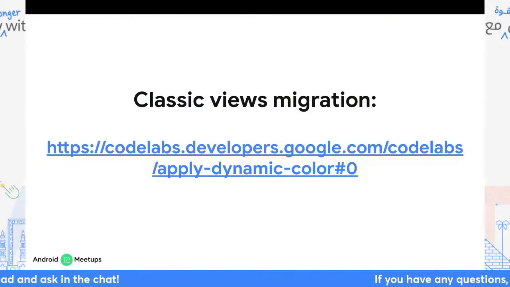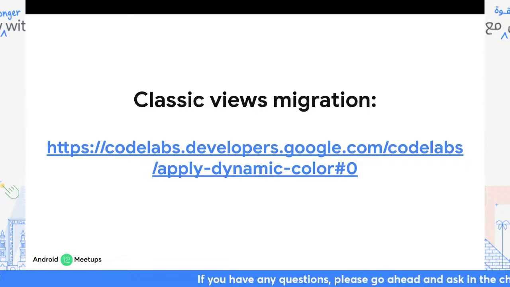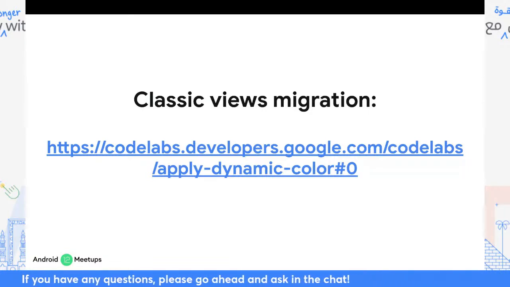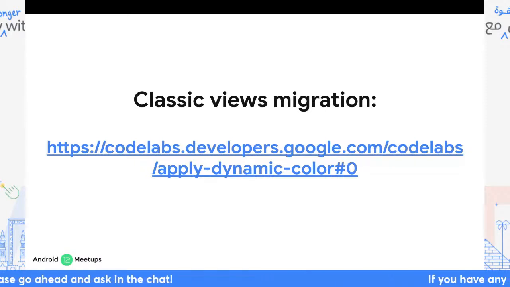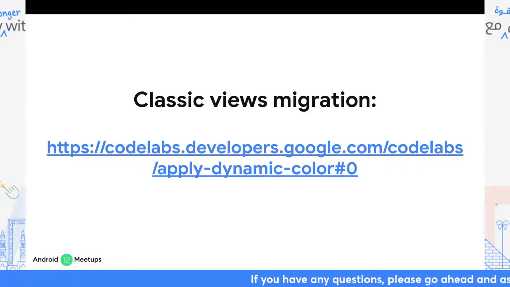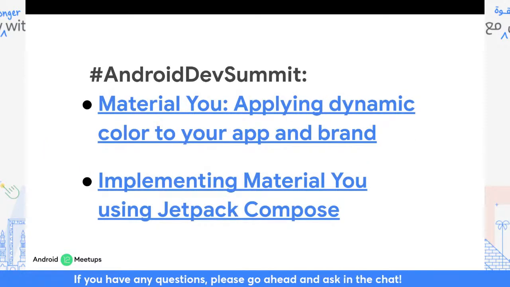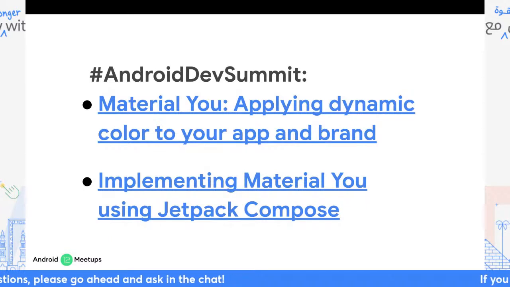Okay, so just to clarify things, this application implementation applies only to applications that use Jetpack Compose. If your app uses classic views, you can try this codelab for migrating to Material U. Check those videos from Android Dev Summit. They talk about Material U and also Material U and Jetpack Compose together.